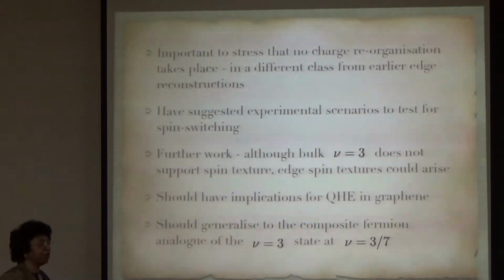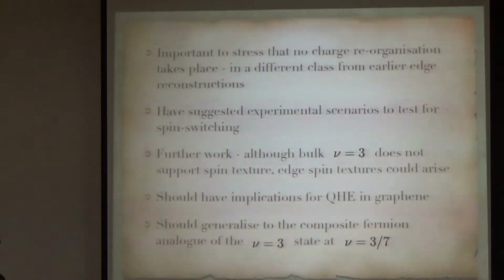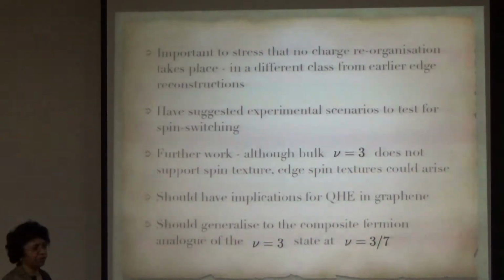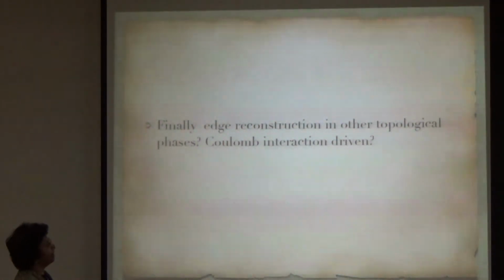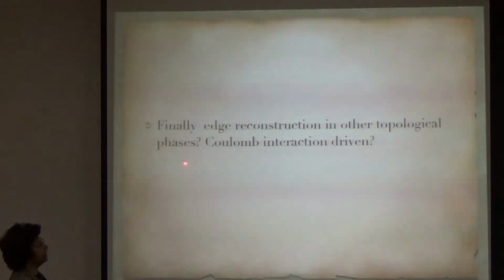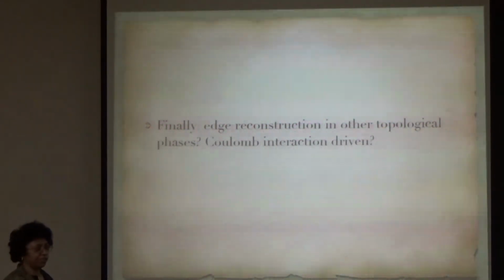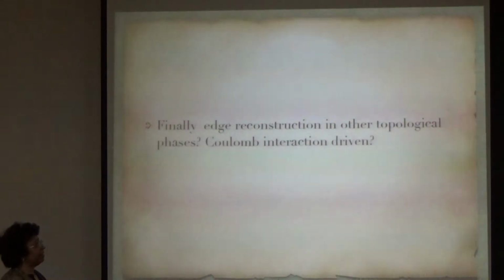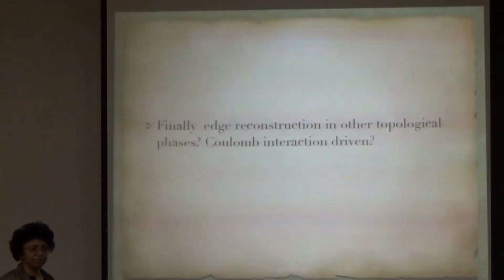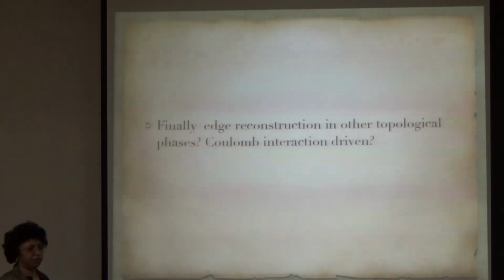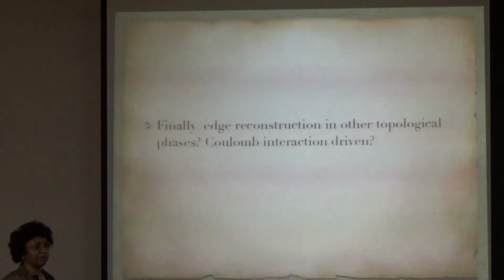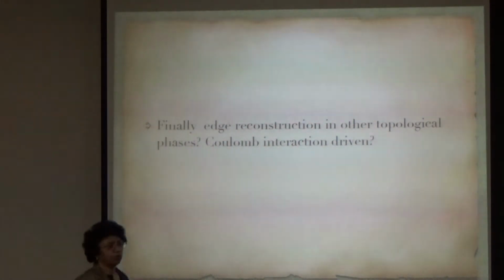I guess what we have done should also generalize easily to the composite fermion picture, and nu equal to 3/7, because what should happen at nu equal to 3 should carry over, but we have not looked at it. And we have also not looked at edge reconstruction in other topological phases, and what will happen when you put Coulomb interactions in other topological phases. I think Yuval has started doing some work on this, and this is something we plan to do.